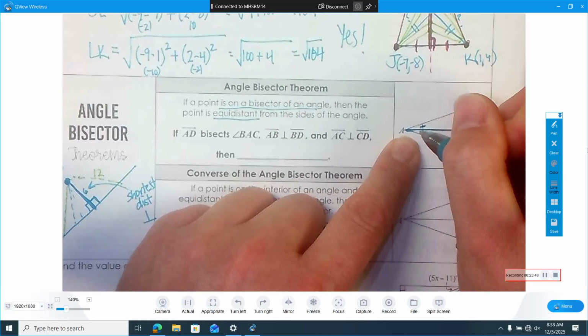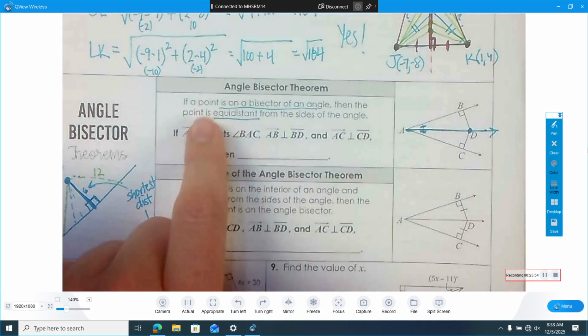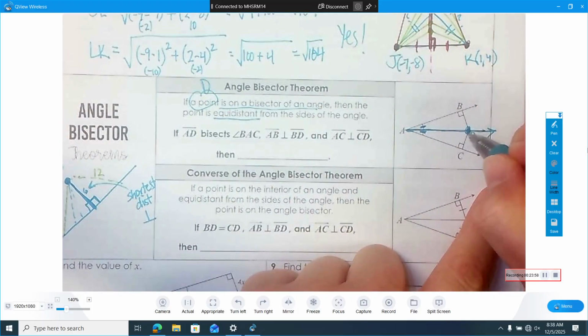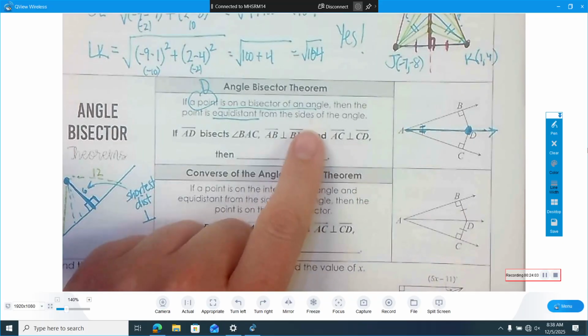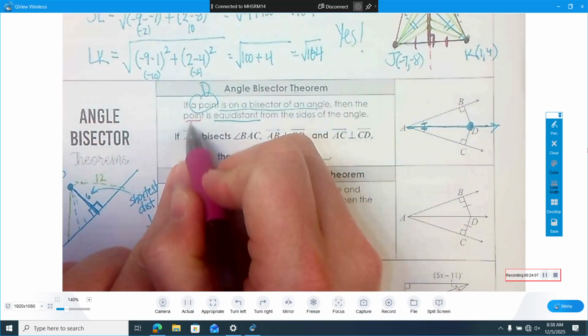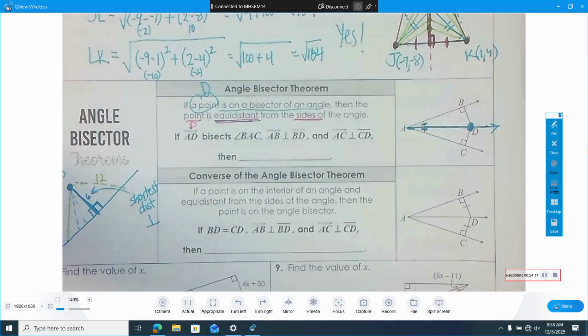It has cut the angle into 2 congruent angles, 2 little baby angles, okay, that are congruent. And so we're talking about if a point, and that would be if point D, right here, lies on that angle bisector, then the point D is equidistant from the sides of the angle.